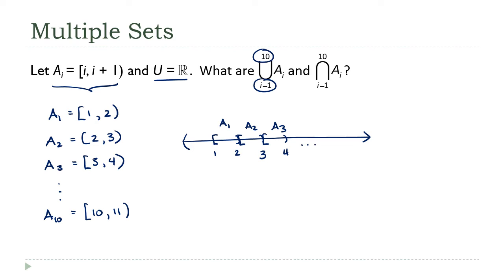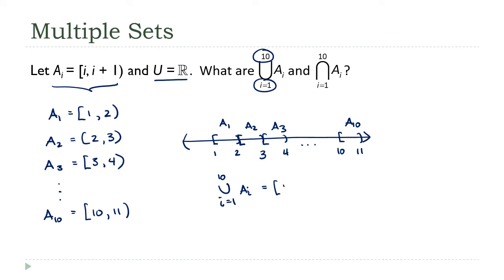And we're going to keep doing this, excluding the right endpoint, but then bringing it back in with the second set. So this is going to continue up to 10, 11. That's A sub 10. And we're actually not going to be able to bring that 11 in on that last one. So how would I describe the union? The union from 1 to 10 of the A sub i.